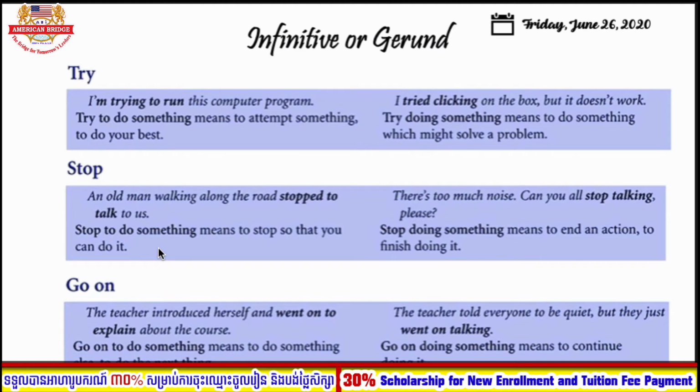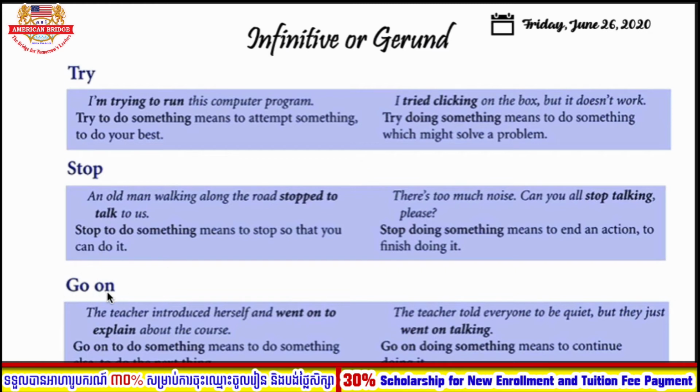For example, when I am teaching and I stop to drink the water, I stop one activity in order to do the other one. But when we say stop doing something, it means you give up those actions. Let's say I stop drinking alcohol, which means I never drink alcohol again. I gave up drinking alcohol.